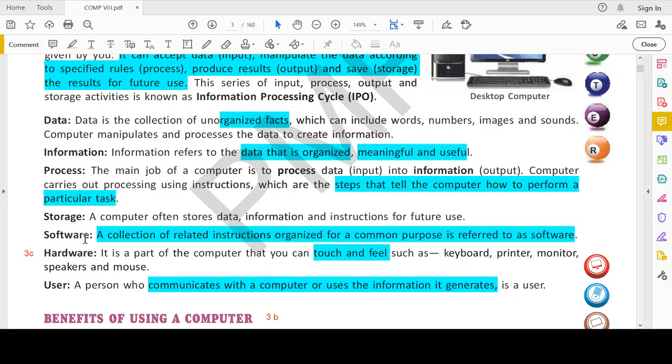Next, software. So you are taking input, you are processing them, you are storing them. How are you doing all these things? You are doing all these by using a particular software where the instructions are written step by step, and when you execute the software on your computer, you get all the things done.